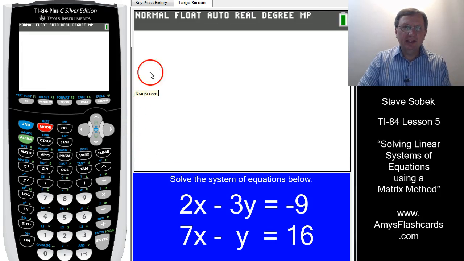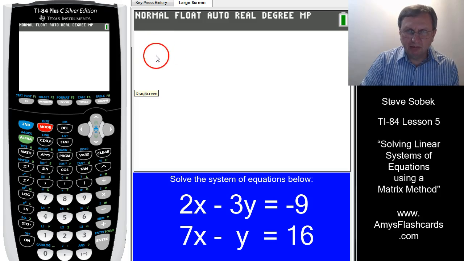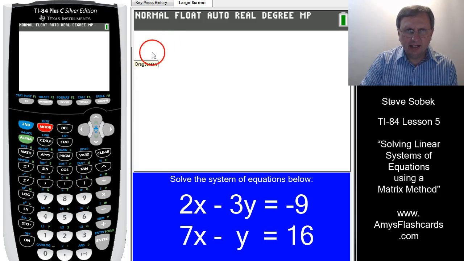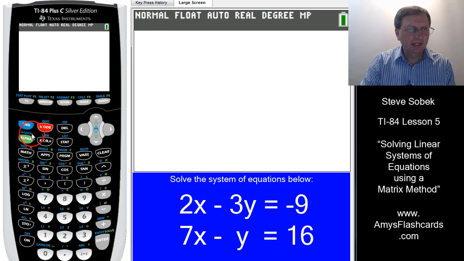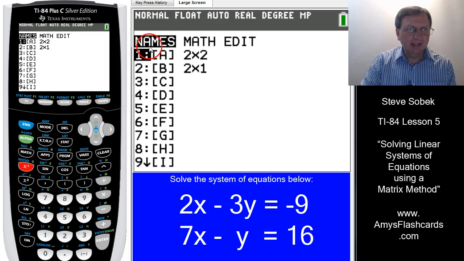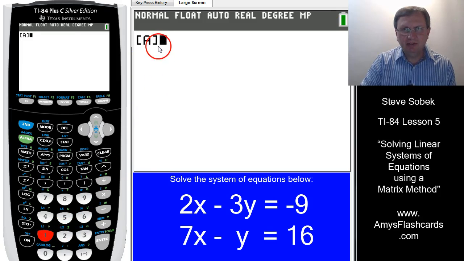And now we want the names of these matrices to appear here. We want A inverse times B, and then we'll hit enter, and that will give us the answer. To get the name of matrix A, we would again hit second matrix, and this time names is already highlighted, so all I need to do is hit number 1, and the name of matrix A appears on my screen.